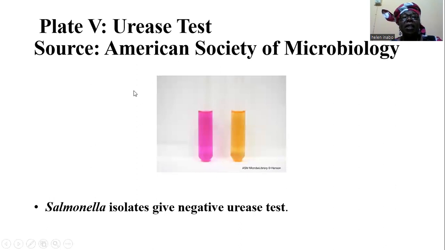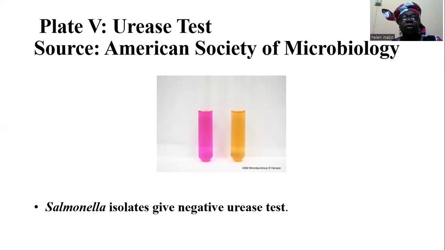Plate 5 shows urease tests. Salmonella isolates, or the test organism, are inoculated into urease broth. Urease agar slants can be used, but here we have the urease broth. If an organism is able to produce the enzyme urease, then it is able to degrade urea, releasing ammonia.